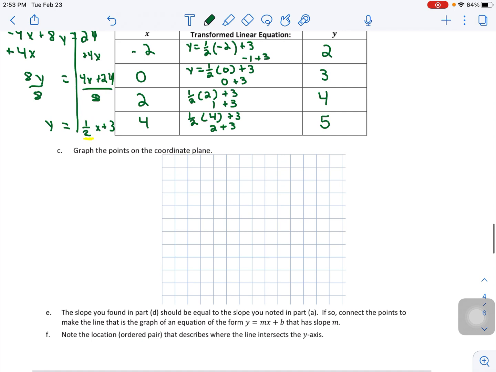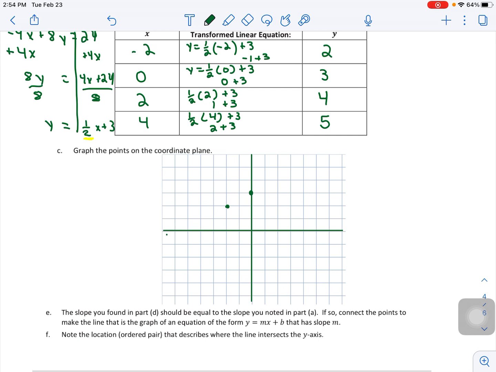So I need those numbers for the x and the y columns. And I'm going to go with my information straight down the middle. And first I have -2, so to the left 2 and up 2. And 0 up 3.